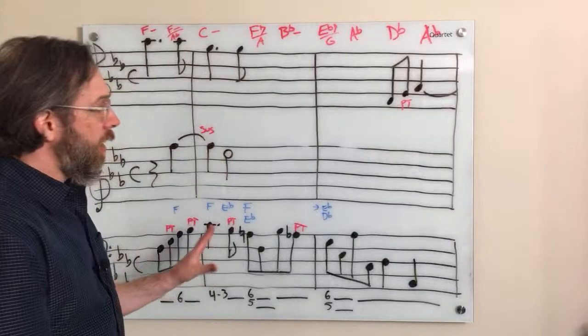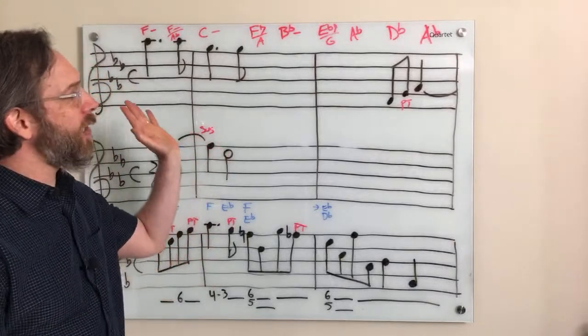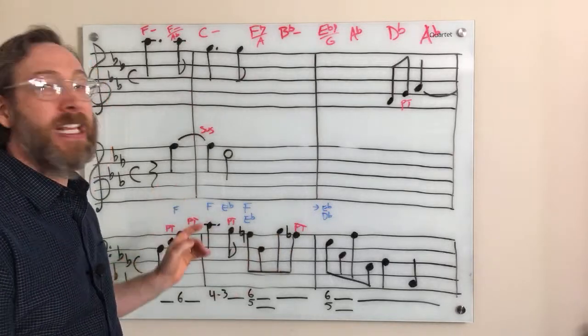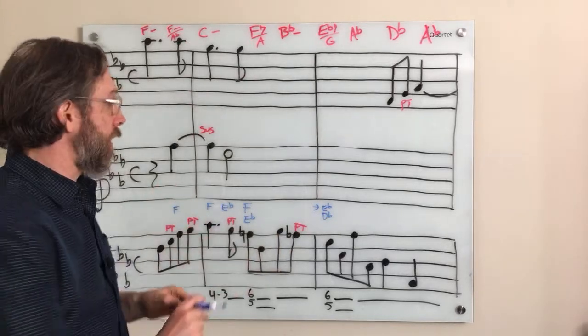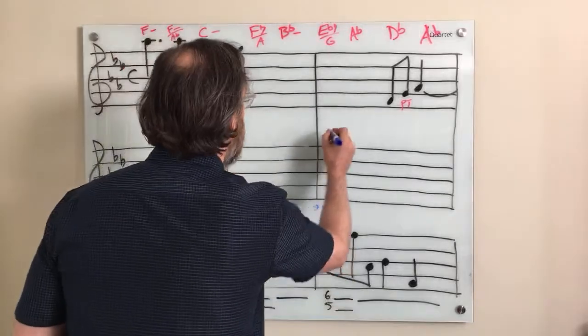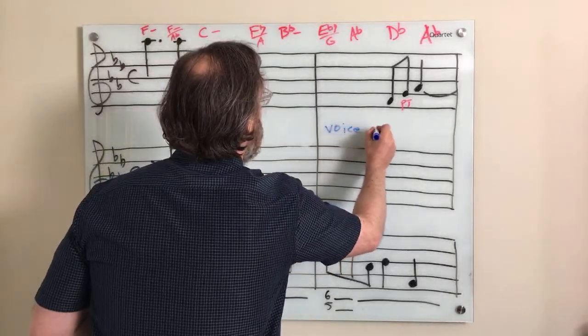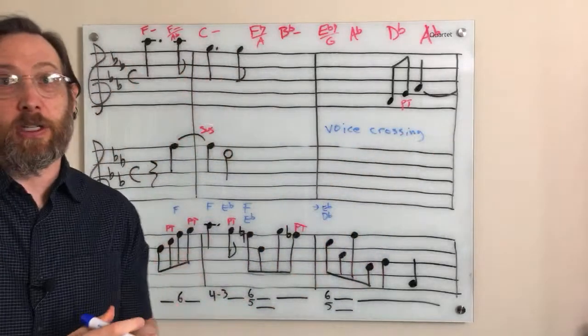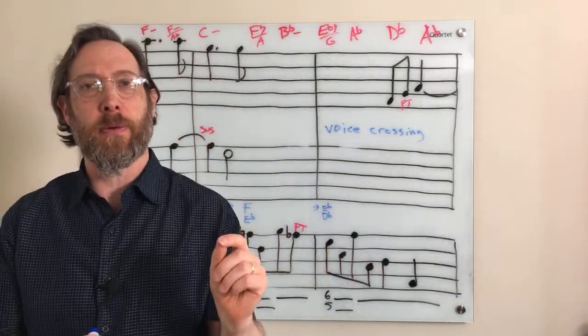After I've done that, and I'm going to give you a little preview as we go forward in this example, you will notice that Corelli sometimes writes voice crossing. Okay, voice crossing. Let me talk about this just a little bit. Typically in music theory, voice crossing is one of those rules you are not supposed to break. And what does it mean?